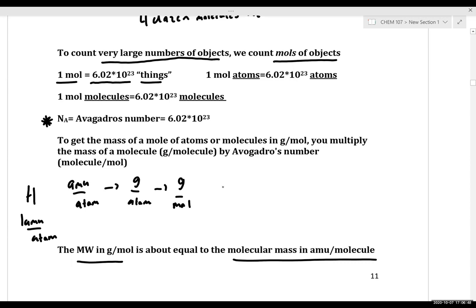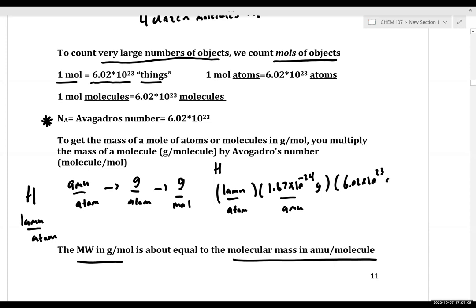So let's show that. For hydrogen, if it's 1 AMU per atom, we know that there are 1.67 times 10 to the negative 24th gram per AMU. And we know that we have 6.02 times 10 to the 23rd atoms per mole. If we punch this into our calculator, we get about 1 gram per mole of hydrogen atoms.